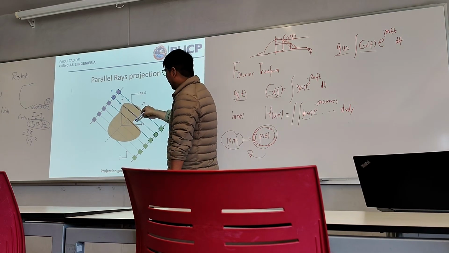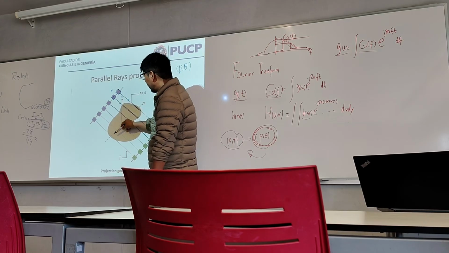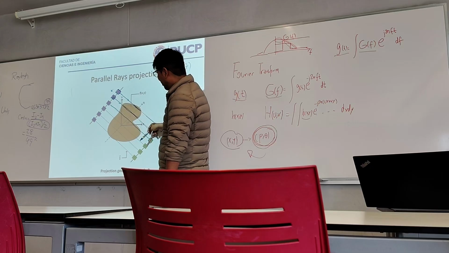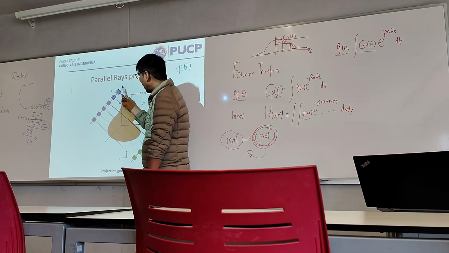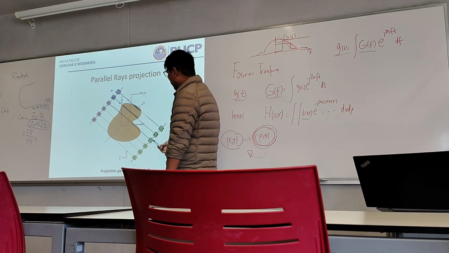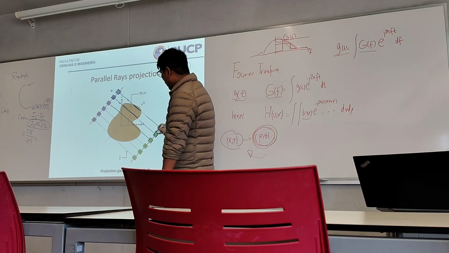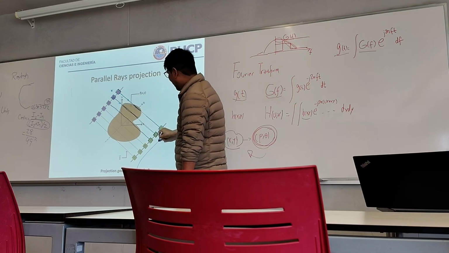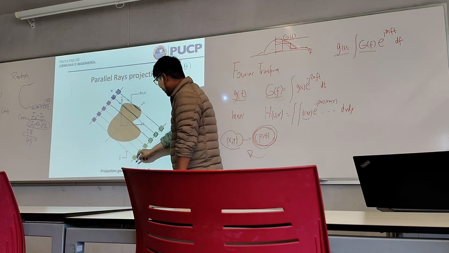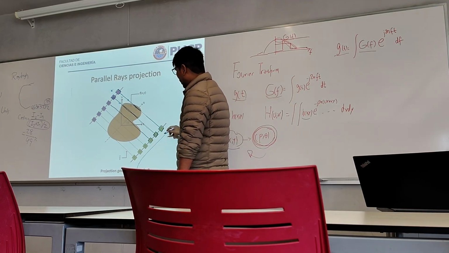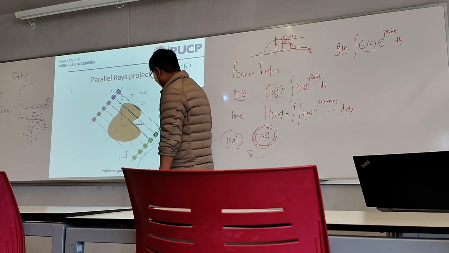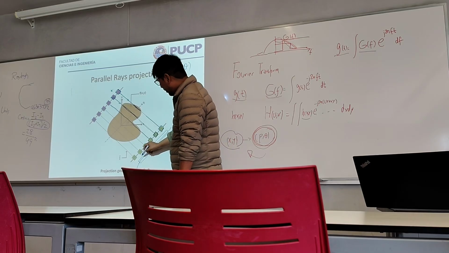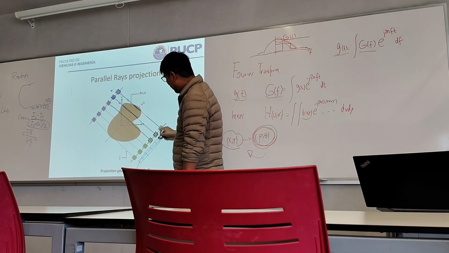And the first question could be: okay, we have a 2D image that will be projected by this setup of X-ray source and X-ray detector. The projection here will be how? It will be in this domain, in this line, and will look only like a line, with some different intensities.